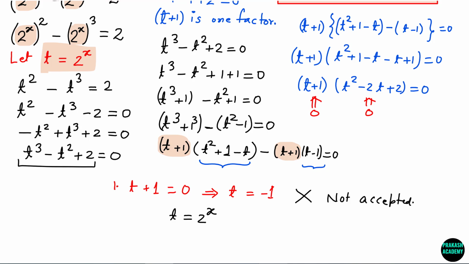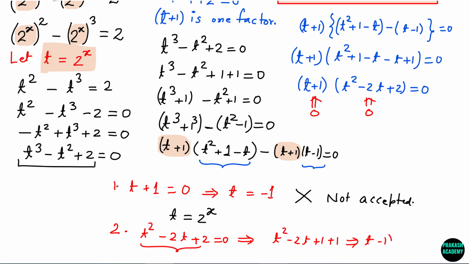Now let us consider the second situation, that is t square minus 2t plus 2 is equal to 0. We can rearrange this term as t square minus 2t plus 1 plus 1. This can further be written as t minus 1 whole square plus 1.